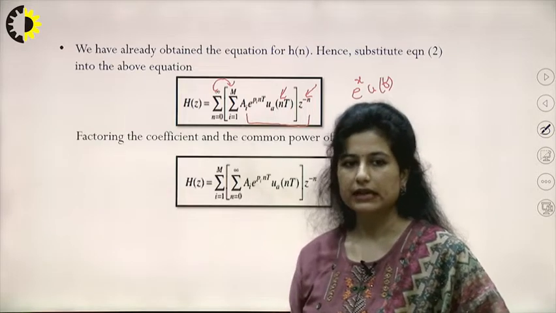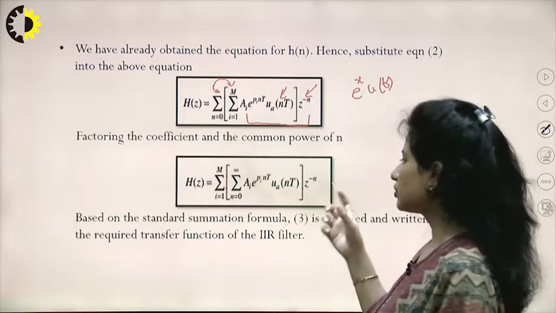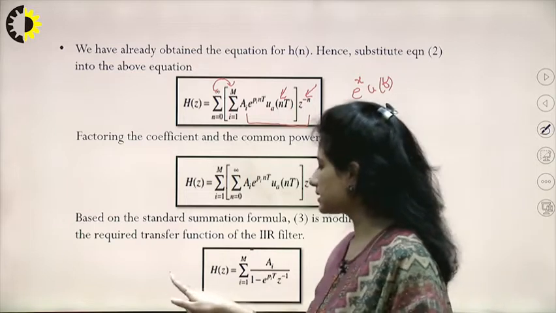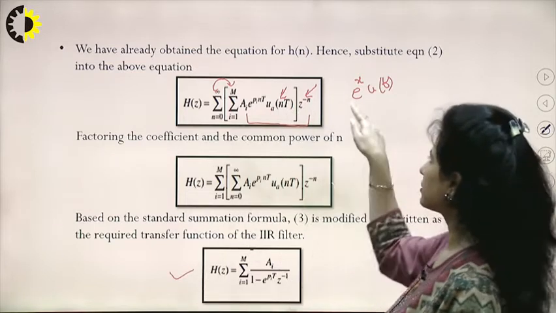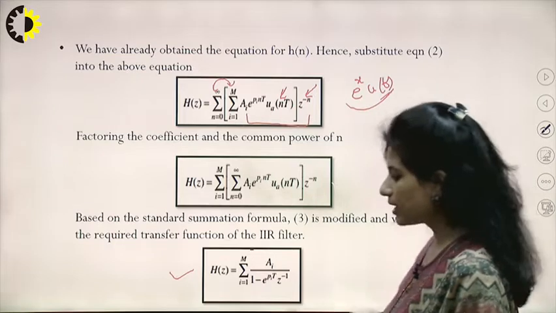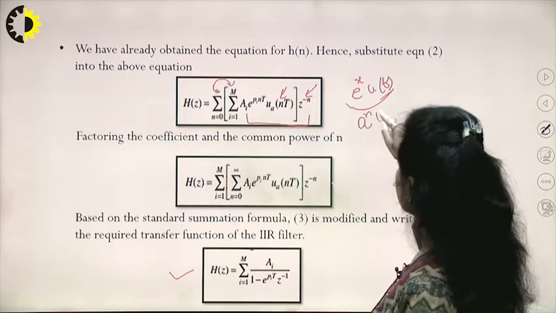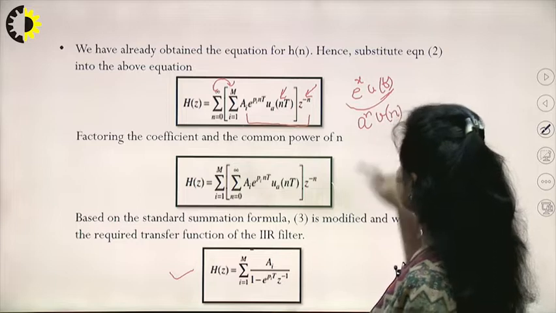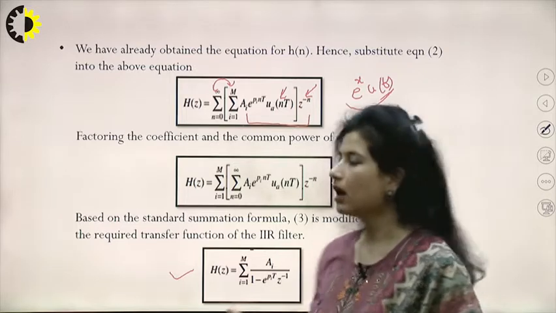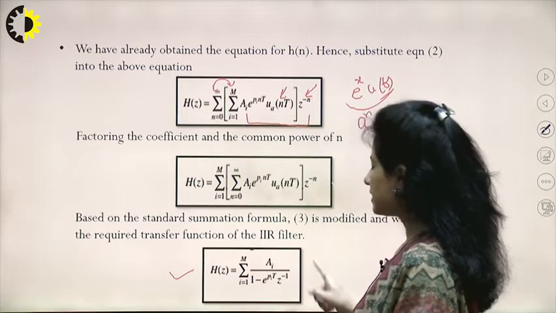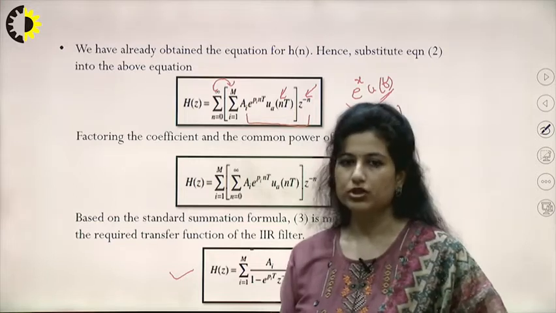So after taking the z transform, what should the system look like? This is the z transform of this particular function, which seems like an exponential, or you may say some kind of value a raised to the power u(n), being transformed using the z domain. So this is my final representation of the system with which I began.